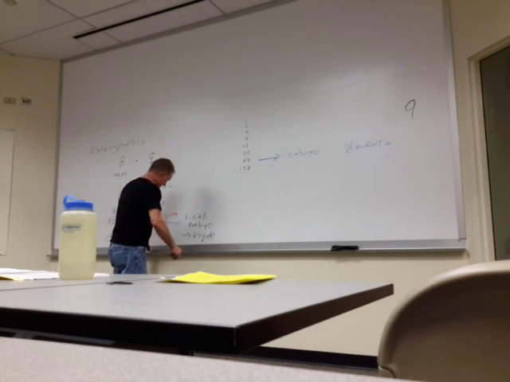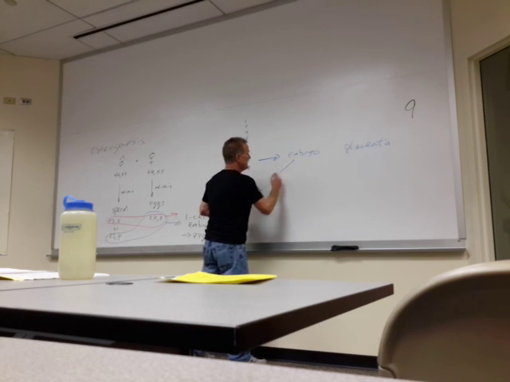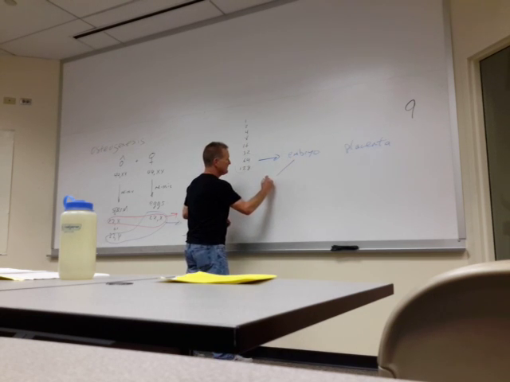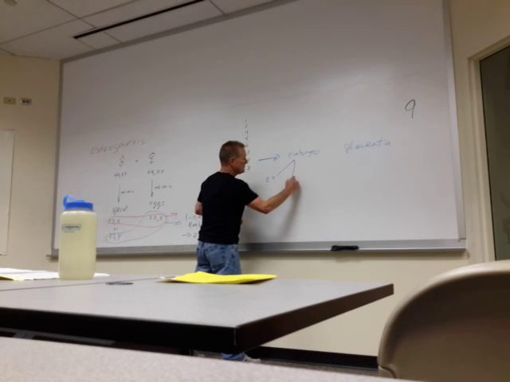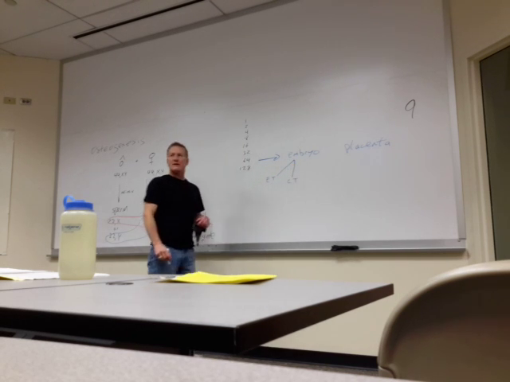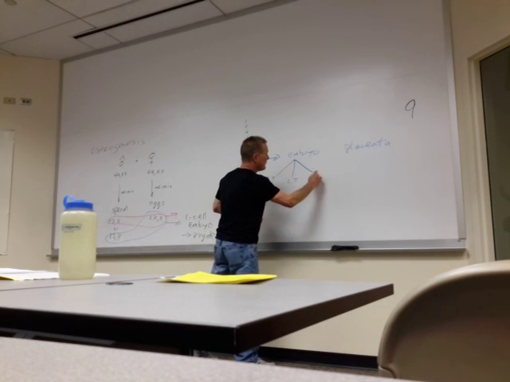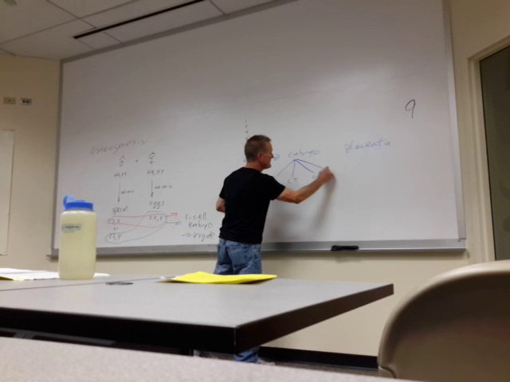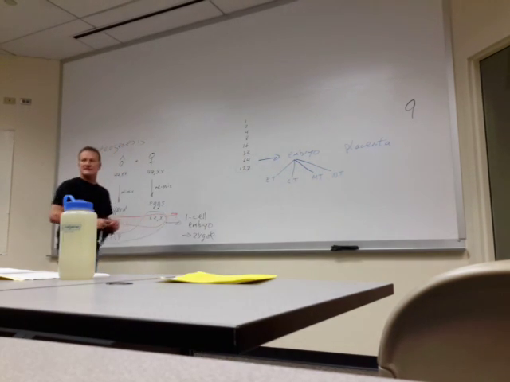And then we get a division into cells that will form epithelial tissue versus cells that will form connective tissue versus cells that will form muscle tissue versus cells that will form nervous tissue.